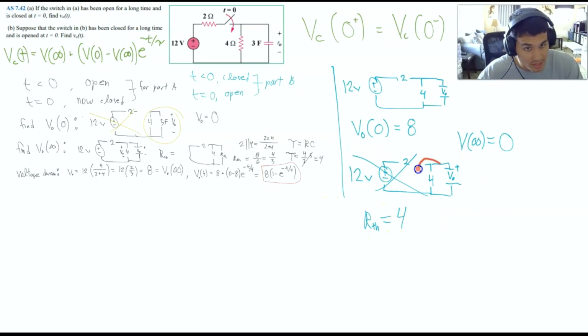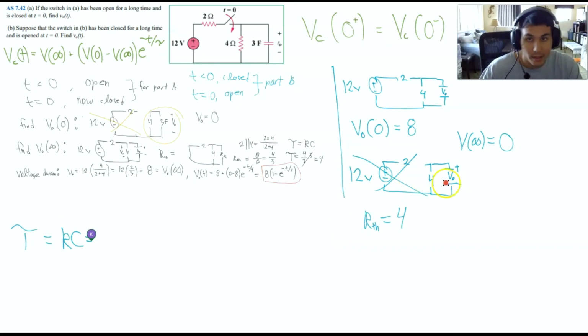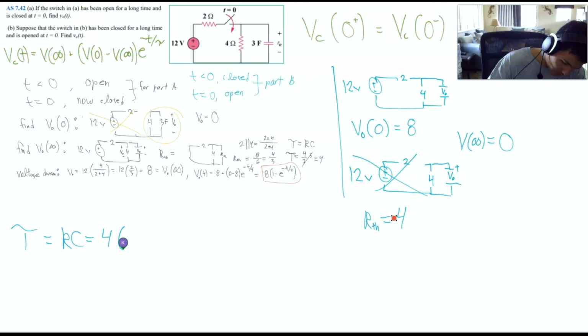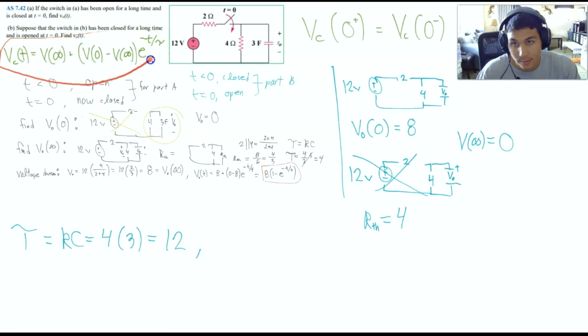Okay, the only resistance it sees is 4. Then we could say that tau, RC, is equal to what? C is still the same, it's still 3. Let me write this in correct order. R is 4, and C is 3. Tau is 12.